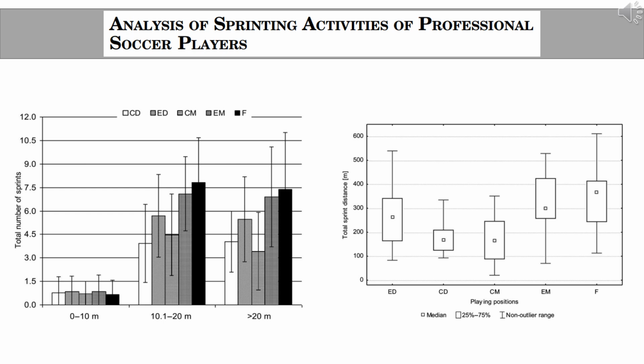So this gives us an understanding that we're getting on average somewhere between 7 to 7.5 maximal effort sprints per game, but with a total distance coverage ranging from 200 to 400 meters.